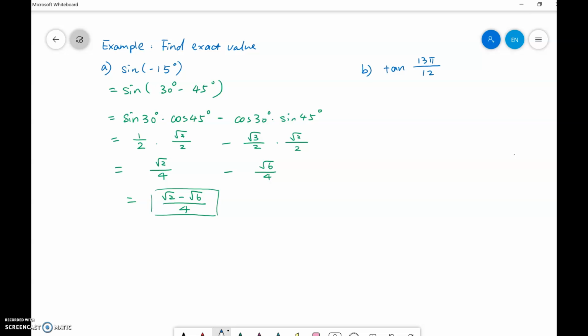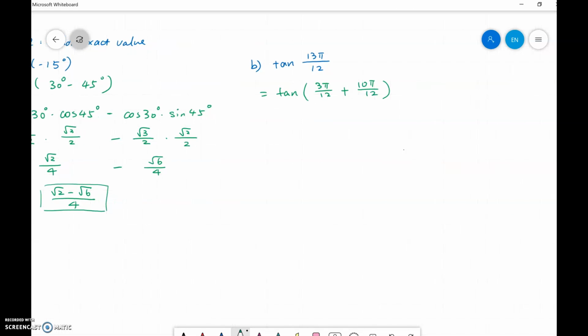Okay, so 13 pi over 12, we have to break it into 3 pi over 12 plus 10 pi over 12. How are you going to think about how to break them? I have 13 pi over 12, so I have a 12 in the denominator.